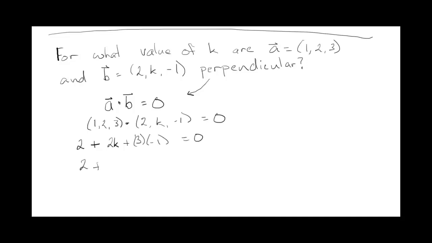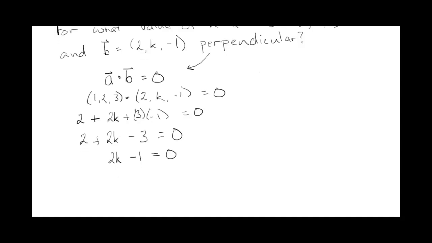So we have 2 plus 2k minus 3 is equal to 0. So adding the 2 and the -3, that's 2k minus 1 equals 0. So 2k is equal to 1, and k would be equal to 1/2. So therefore, a dot b equals 0 if k is equal to 1/2.